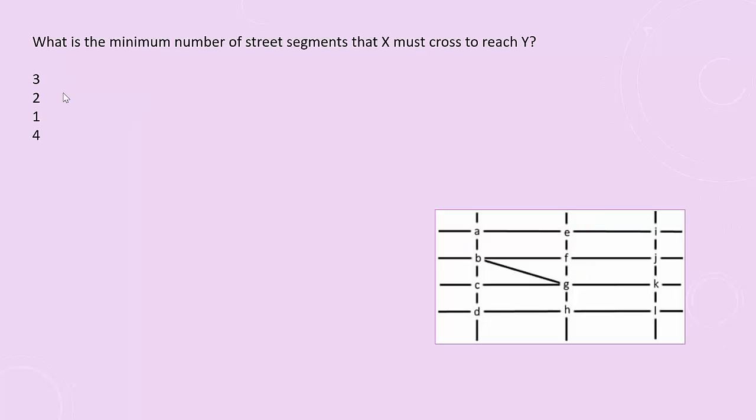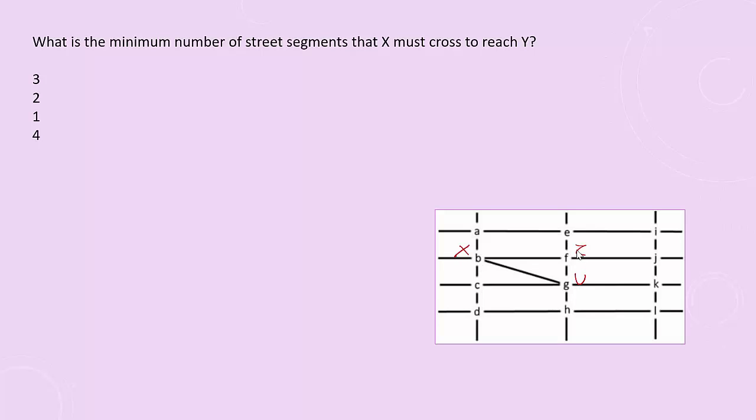The next one: what is the minimum number of street segments that X must cross to reach Y? Okay, so let's see. According to this, we'll draw X here, right?